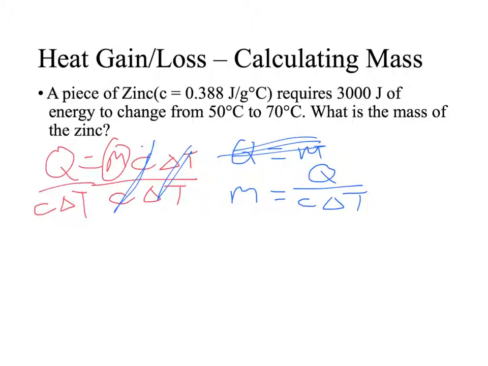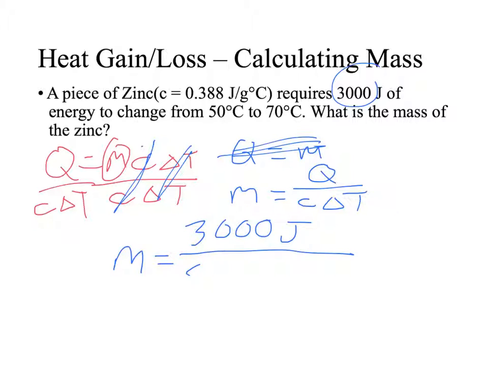So we can do our substitution. I'm going to move down here. M is equal to, well, 3,000 joules, they gave it to us, divided by C, they gave it to us as well, 0.388 joules per gram degree Celsius.